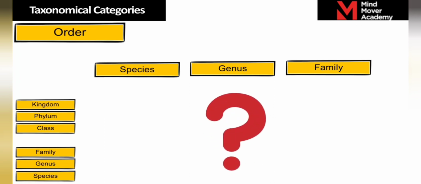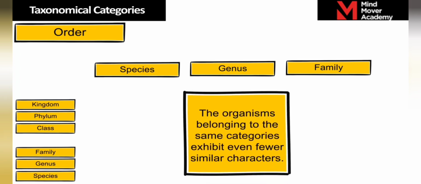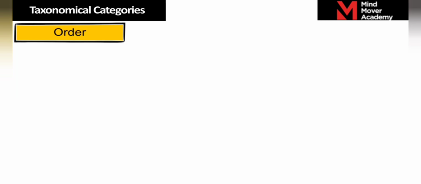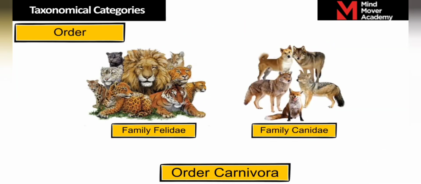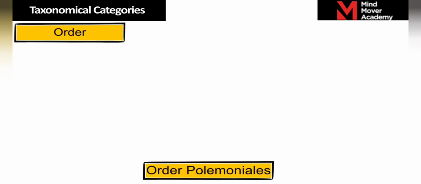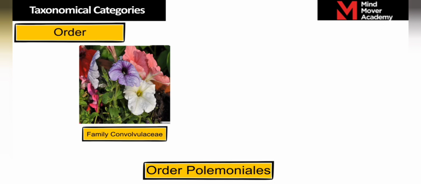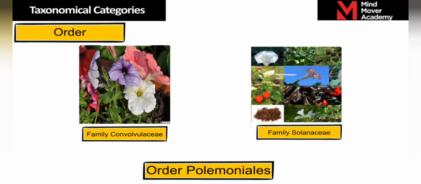Right, so this simply means that the organisms belonging to the same categories exhibit even fewer similar characters. For example, order Carnivora includes families like Felidae and Canidae. Now plant families Convolvulaceae and Solanaceae are both included in the order Polemoniales.